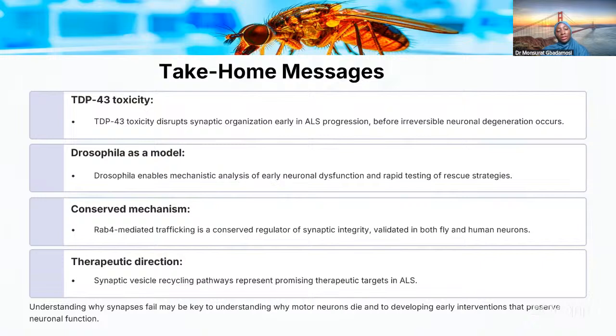And the therapeutic direction we are looking at will be synaptic vesicle recycling, because it brings together TDP43, Futsch, and RAB4. So understanding why synapses fail may be the key to understanding ALS and developing early interventions that preserve neuronal function.